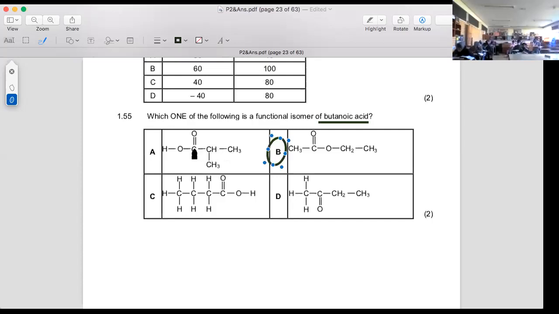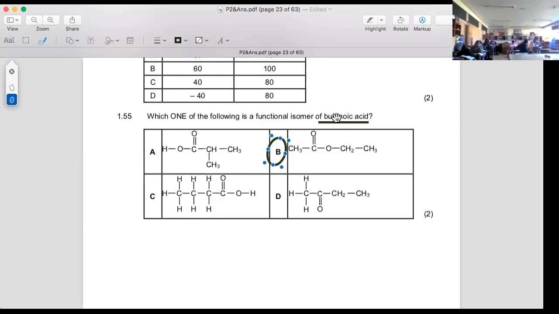It is 2-methyl propanoic acid. But it's not a functional isomer of that. That would be a structural isomer.